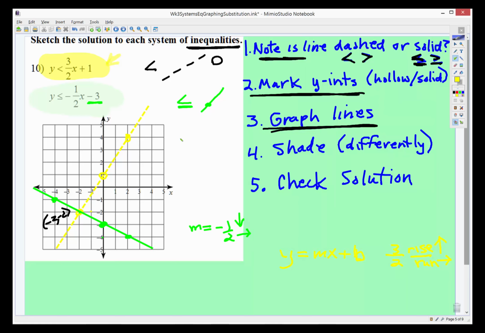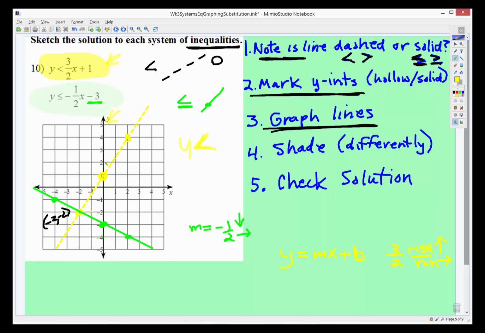This says y is less than. Well, as you're looking at the y-axis and you're looking at where it touches the y-intercept at that hollow point, where are y's smaller or less than? Are they smaller above or below?